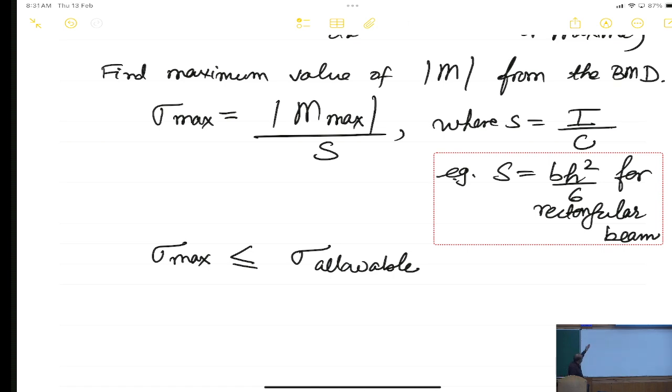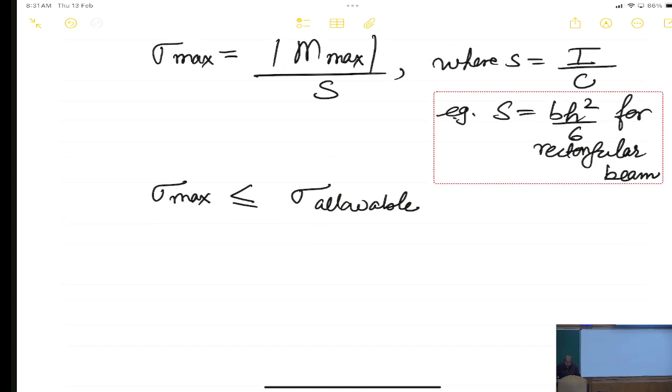And whatever is the maximum value of sigma, that must be less than or equal to the allowable stress. And sometimes in this allowable stress, we will also put a factor of safety to take care of some extra loads.